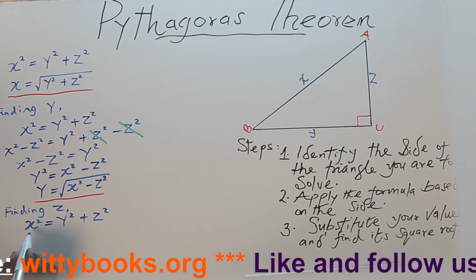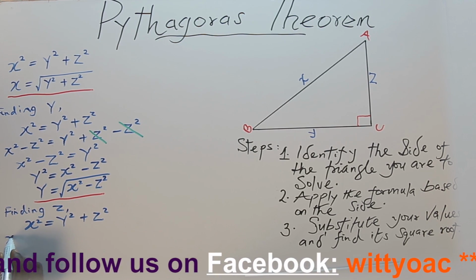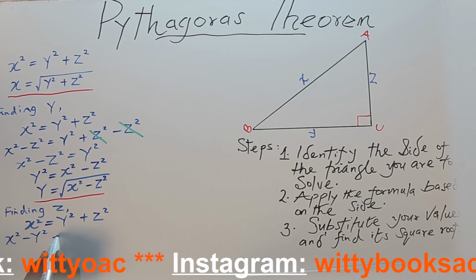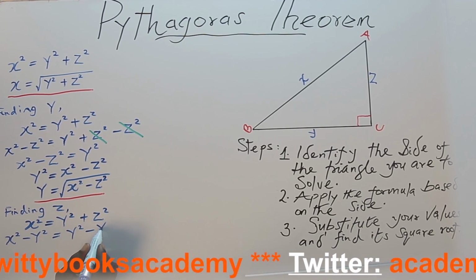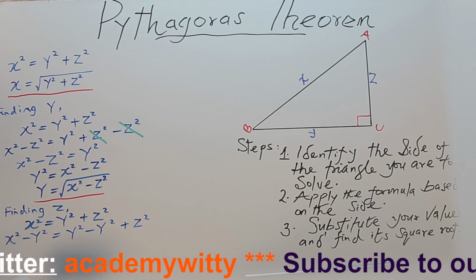So we'll have X squared minus Y squared equals Y squared minus Y squared plus Z squared.